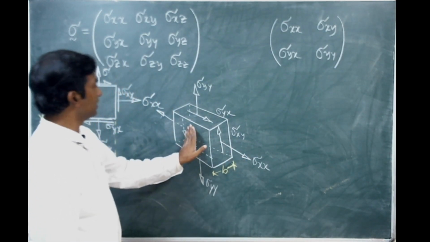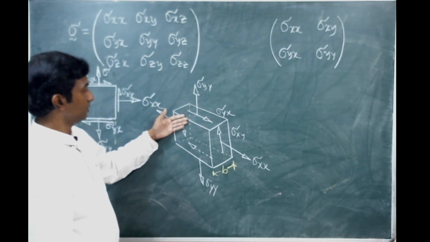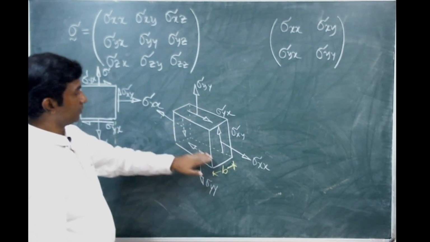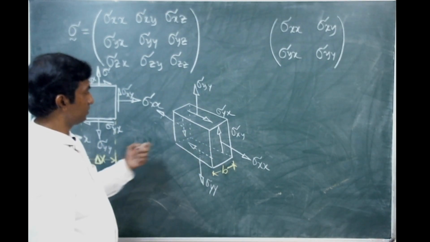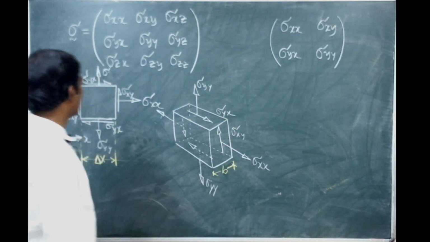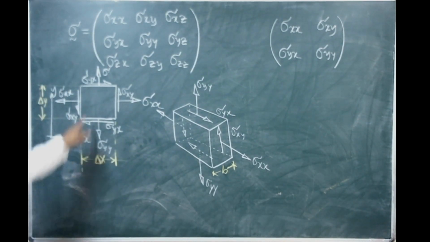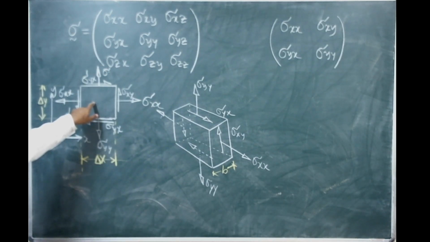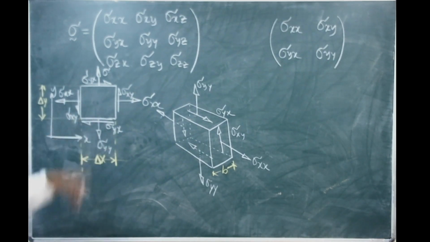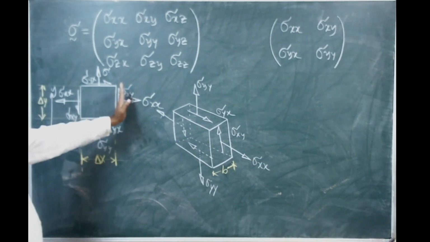This is the positive x plane, the back side is the negative x plane, positive y plane, back side is the negative y plane, this is the positive z plane, the other side is the negative z plane. Here is the chosen reference axis: the horizontal axis is x, the vertical axis is y. Here you are looking with your line of sight along the negative z direction. On the x plane you have two stresses, sigma xx, sigma xy.